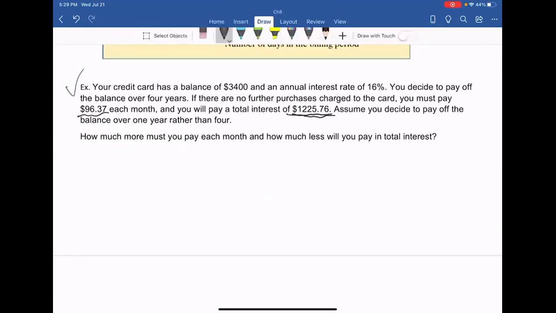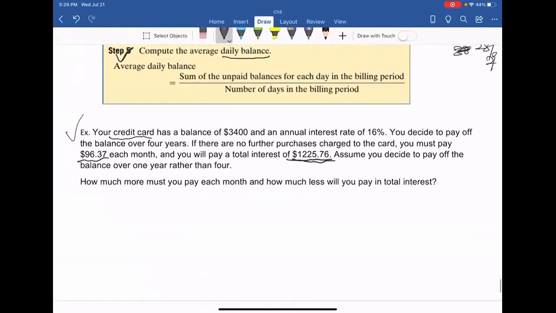When you see this kind of question, credit card, you will think about the average daily balance. But for this kind of question, we don't need to find the average daily balance. This question is just a trick question, because even though it's about a credit card, we compute it as a fixed installment loan, like car loans and mortgages, just like you borrow money or get a loan from the bank.